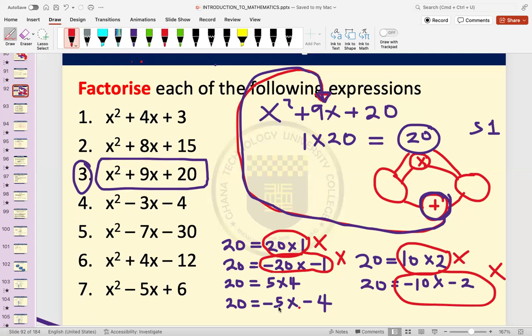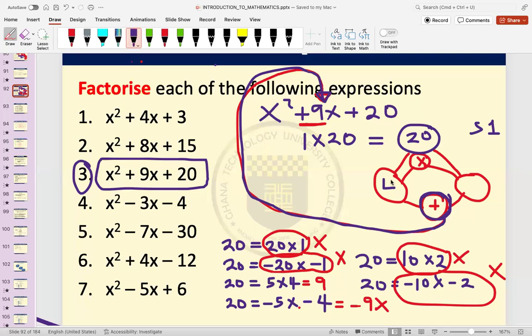If you add negative 5 to negative 4, you will get negative 9. But what we are looking for is positive 9, not negative. So this option will also not work. So the only option that will work is 5 and 4, because when you add 5 to 4, you have 9.